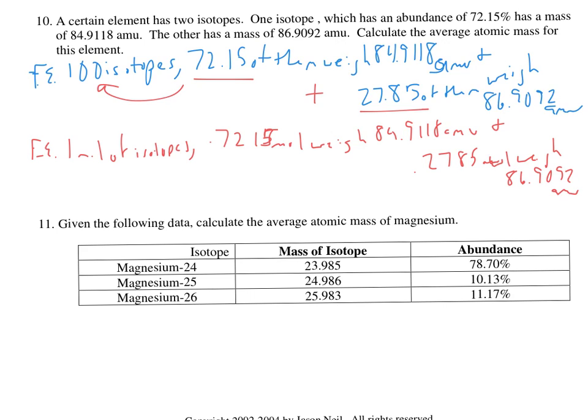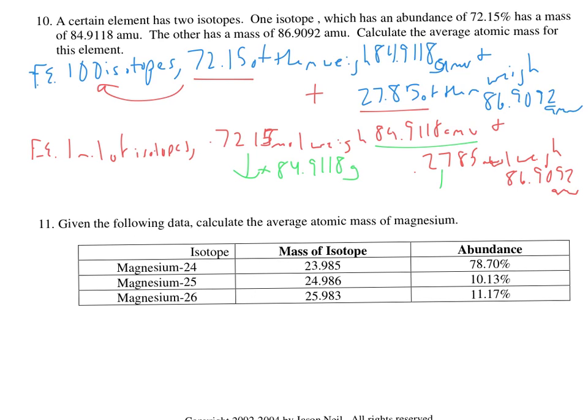Okay, and then I'm going to say, all right, well, I want to know how many grams there are. Well, I know that this is going to be times 84.9118 grams because that's how much a mole of this particular isotope weighs.